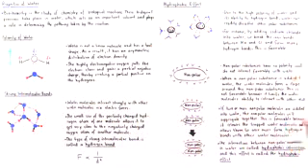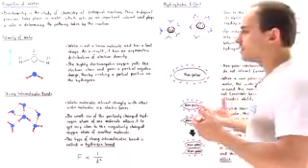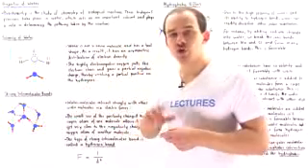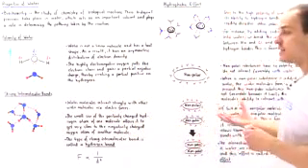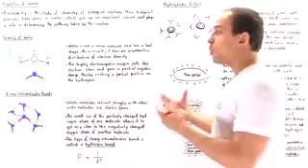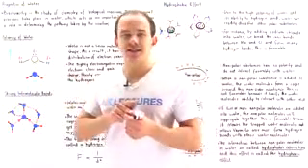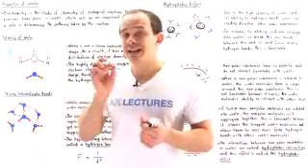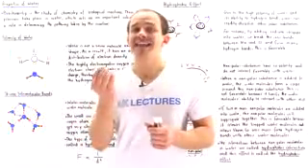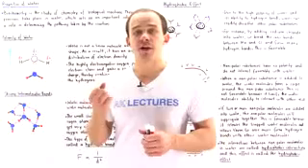So let's suppose we take water molecules and we place some type of polar substance into the water. For example, sodium chloride. Now, sodium chloride is polar because it consists of an ionic bond. And an ionic bond is basically a bond in which we have an unequal distribution of charge.